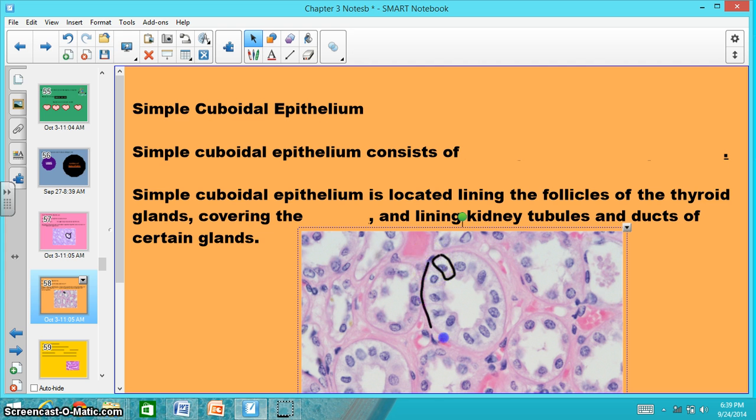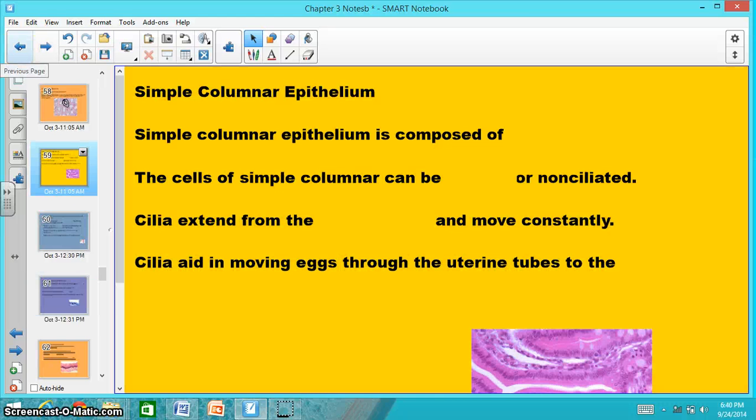So here is our basement membrane, and here is our free surface, and then in between are these mononucleated cells, meaning they only have one nucleus, that form a ring around it, forming your simple cuboidal epithelium.